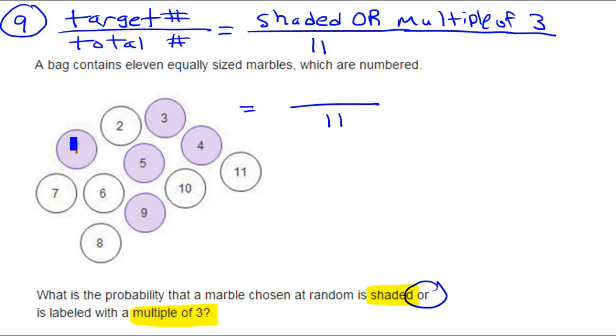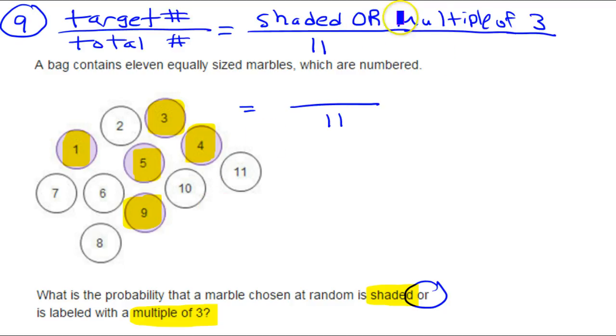All right, let's start with shaded ones. Boom, boom, boom, boom, boom. So we've got those shaded. Now we can just look for how many ones that we haven't already shaded, because obviously we don't want to count anything twice. So how many of the ones that we haven't shaded yet are multiples of 3?